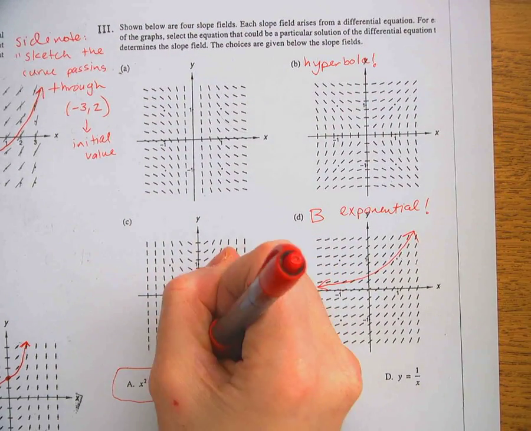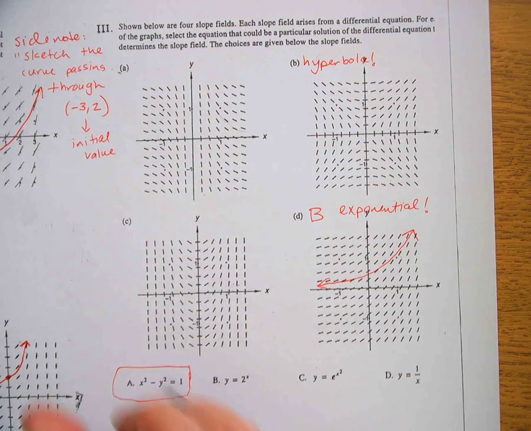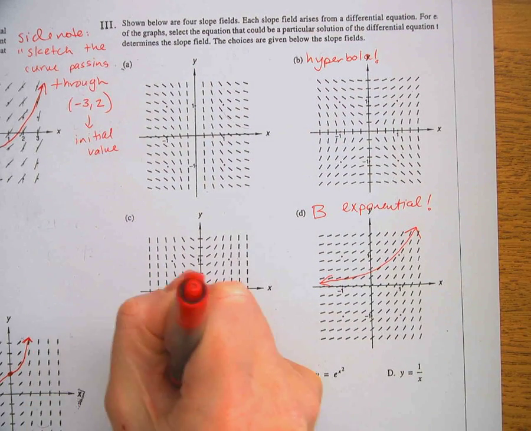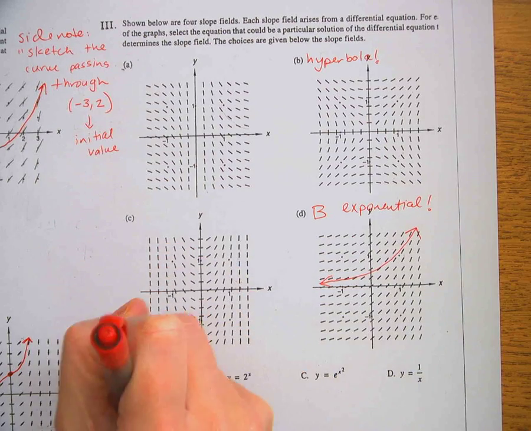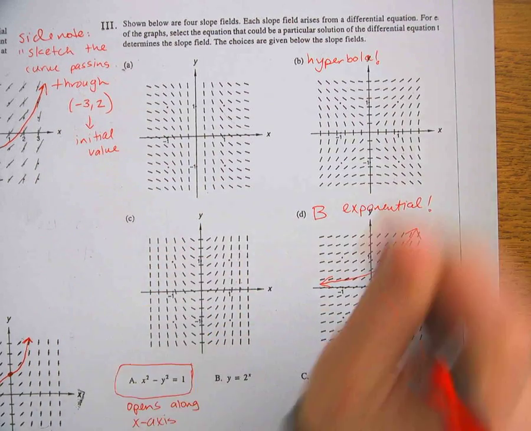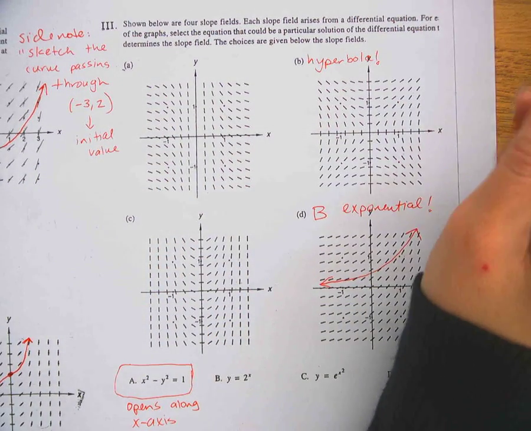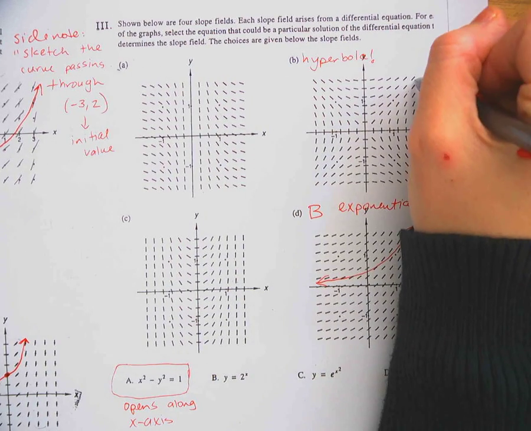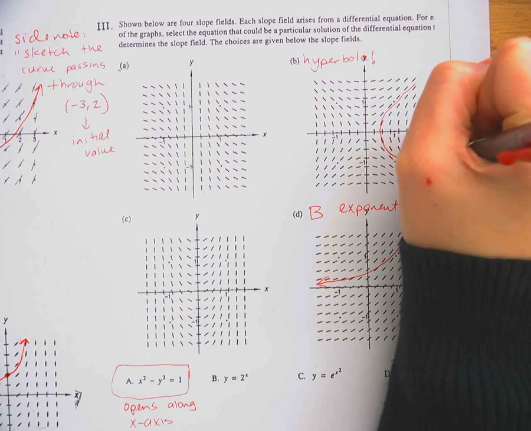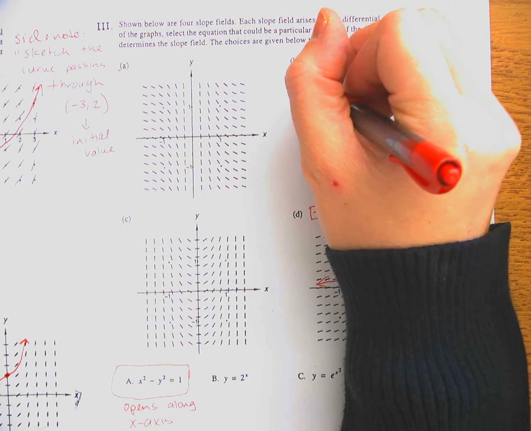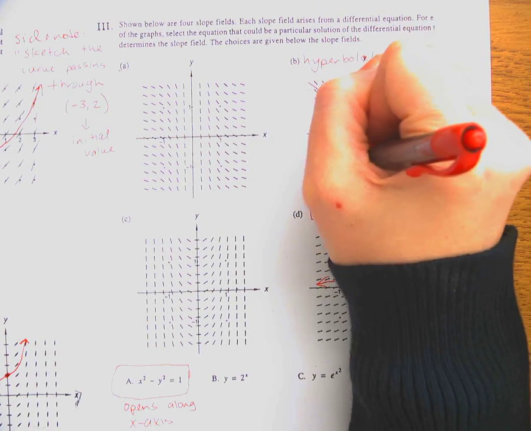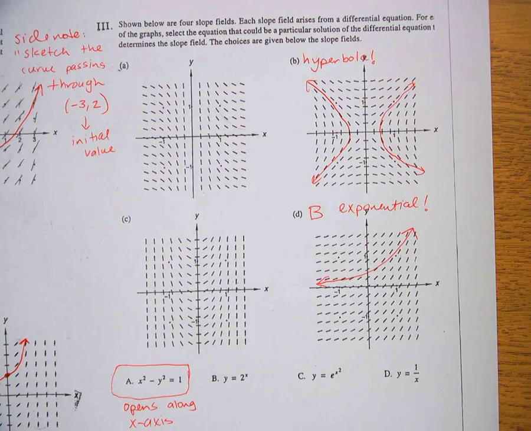And this particular one, since the x is positive, would be opening along the x-axis. So it would look something like this. It opens along the x-axis like that.